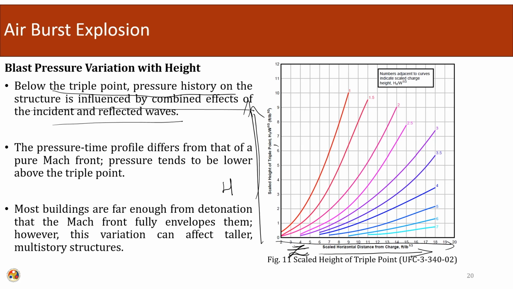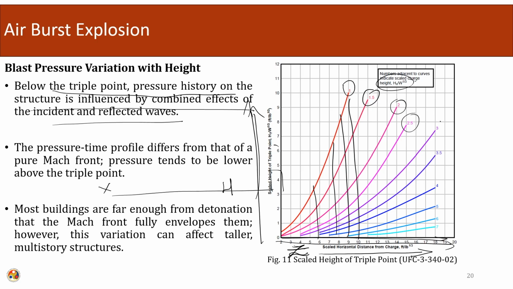As we can see, as the scaled distance increases, the height of the triple point also increases. It means that the structure is significantly at a distance from the blast effect. And these numbers are indicating scaled charge heights.